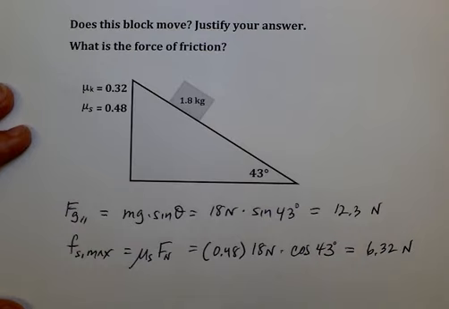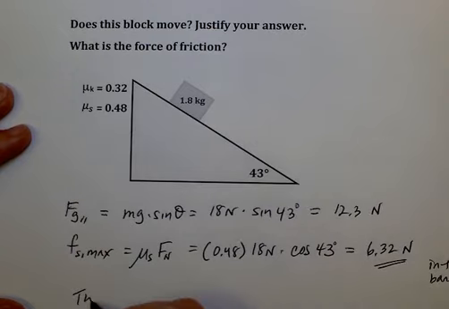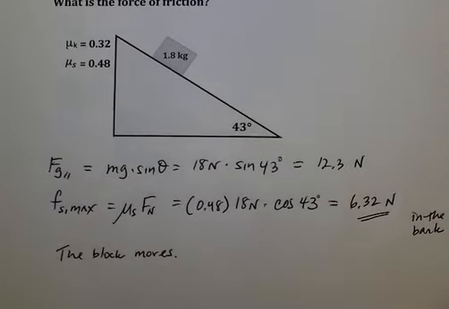Okay, so the question is, does the object stay in place? No. This is what I have in the bank, 6.32 newtons. That's not enough to pay up. Okay, 12.3 newtons is needed to keep this block in place. So the block moves. Now if the block moves, then what we just calculated is not all that valuable in terms of numbers.